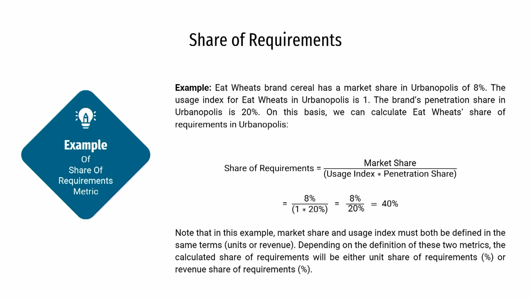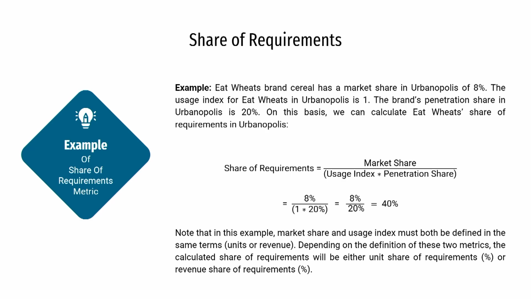As we know, market share equals penetration share multiplied by share of requirements into usage index. So, share of requirements will be equal to market share divided by usage index into penetration share. In this case the market share is given as 8%, usage index is given as 1 and penetration share is given as 20%.